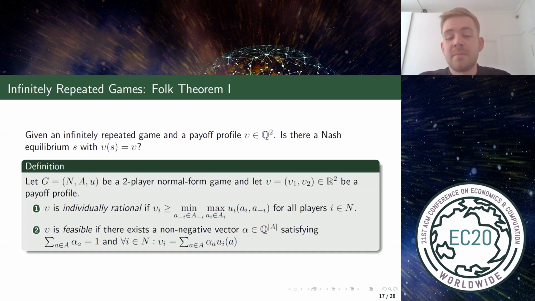We say that a payoff profile is individually rational if all players earn at least their min-max payoff, that is, at least the minimum payoff the other player can force them to earn. Second, a payoff profile is feasible if it is almost a convex combination of the stage payoff profiles, but we require the coefficients to be rational for computability reasons.